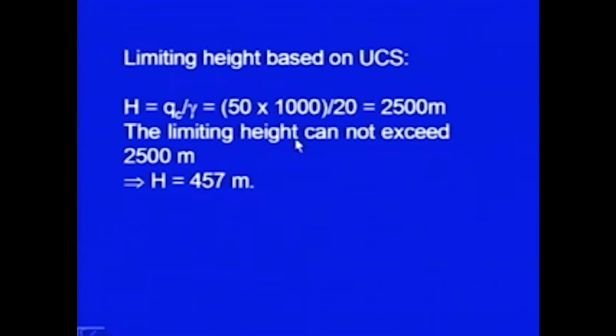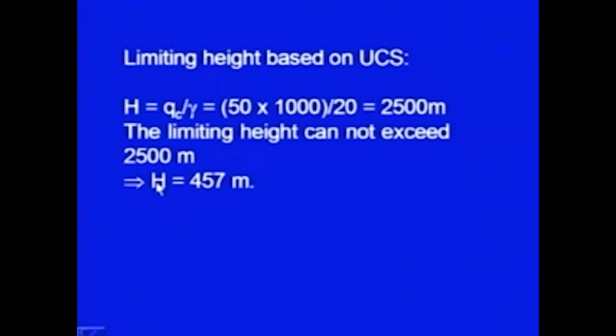So if the slope is failing because the uniaxial compressive strength is being exceeded by the pressure, then it should have a height of more than 2500 meter. Up to the height of 2500 meter, the pressure at the toe is not going to exceed the UCS.